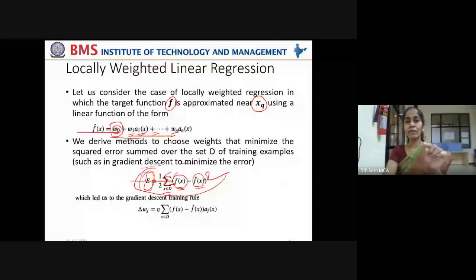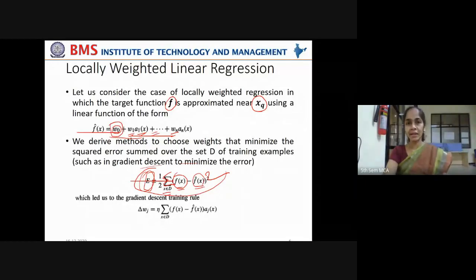In neural networks, we have used the perceptron training rule, by using the gradient descent approach. Whenever there is a prediction error, in order to reduce it, you are adjusting the weights. In this case, how do you adjust the weight in order to reduce this prediction error, f of x minus f cap of x?